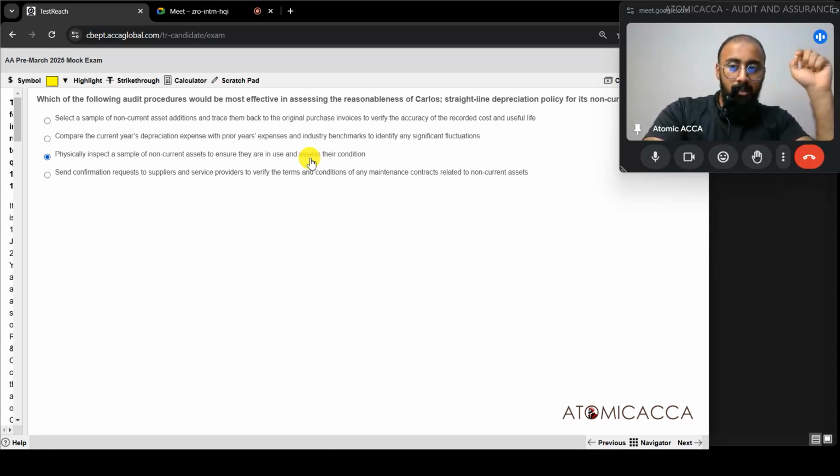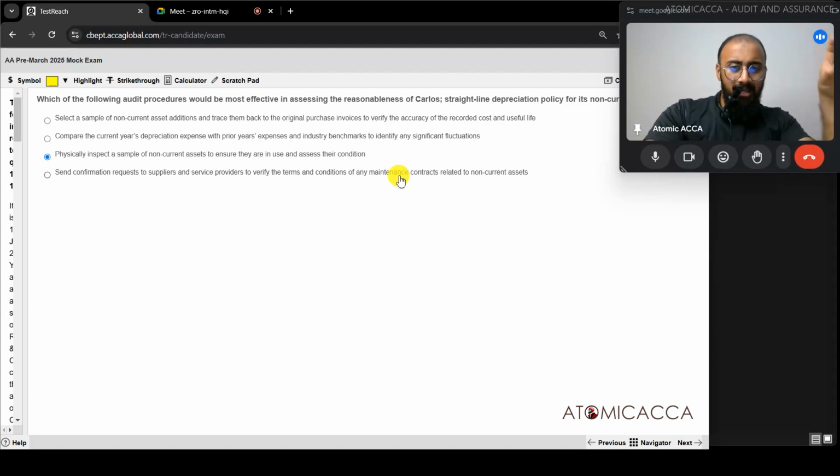Last one, send confirmation request to suppliers and service providers to verify the terms and conditions of any maintenance contract related to non-current asset. A maintenance contract about non-current asset, suppliers' confirmation, this might give you an idea about what maintenance expenses could come up later on, or it could give you some idea about what could be the useful life of the asset.